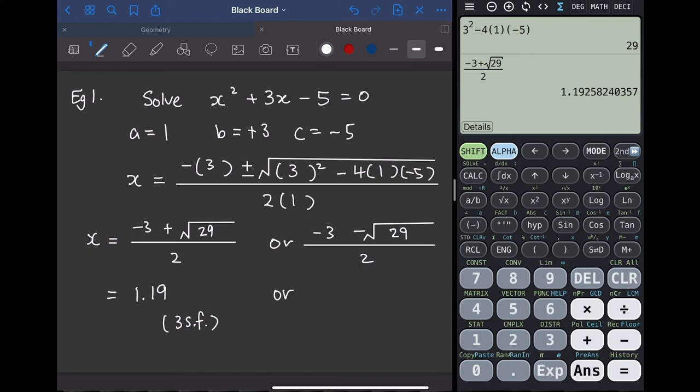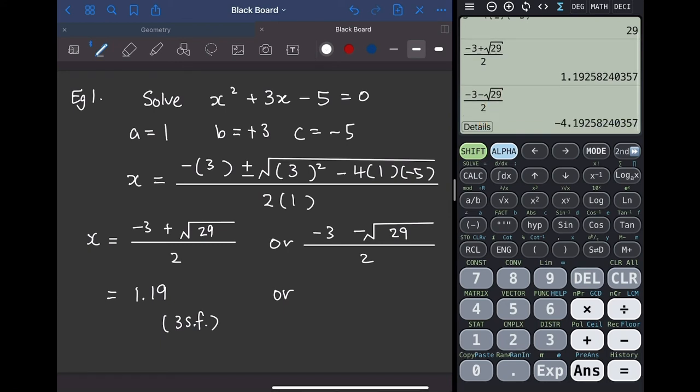Okay, or it could also be negative 3 minus square root of 29 over 2, and that would give us negative 4.19, again to 3 significant figures. Now I wouldn't actually evaluate square root of 29 only, because this is going to give us a lot of decimals in the numerator, and I don't really want to deal with that and where to truncate my answer. So I would prefer to leave 29 in the square root and then evaluate at the very last step.